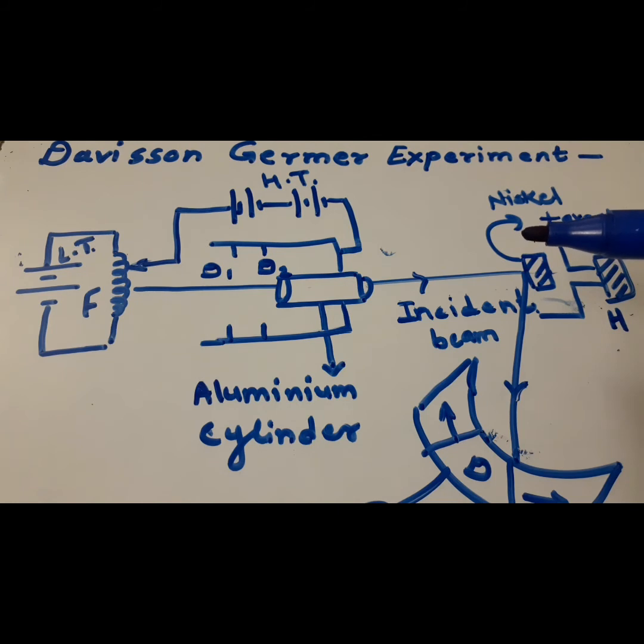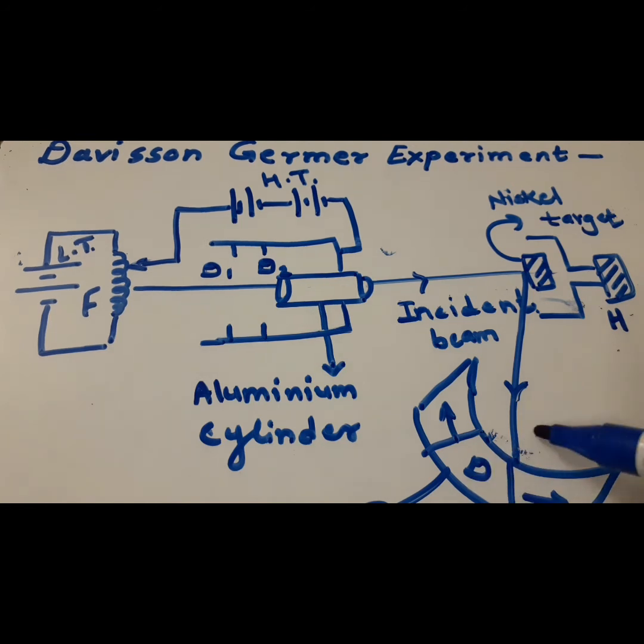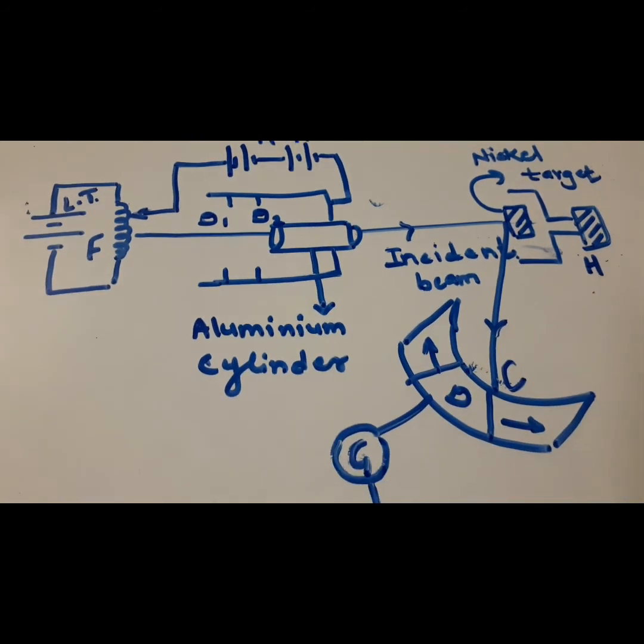These electrons are collected by a collector C at the point D, and the galvanometer is connected to the cylinder, and this galvanometer measures the electron current.